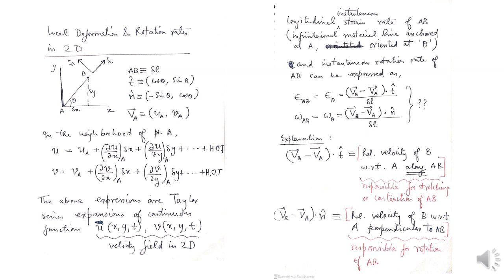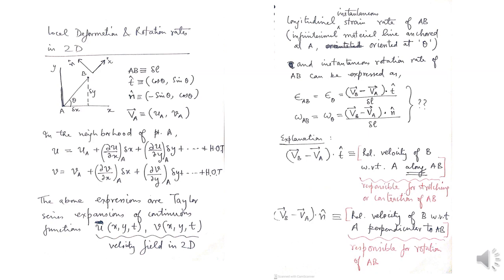So U is equal to UA, meaning U in the neighborhood of A, at a point which is displaced from A by an amount delta x in the x direction and delta y in the y direction.